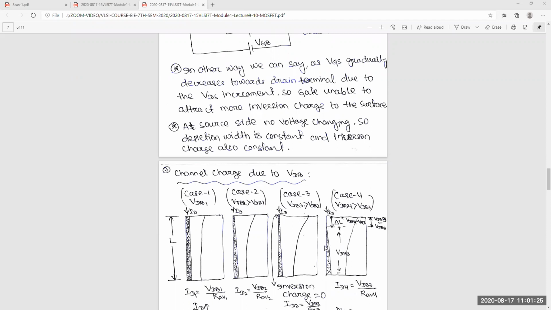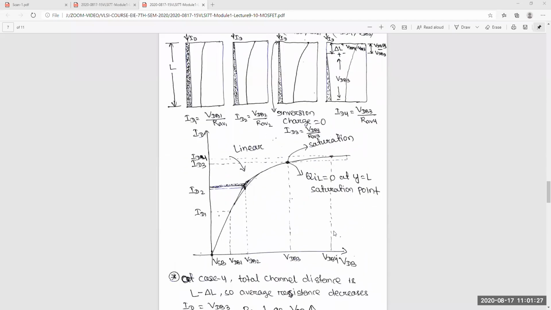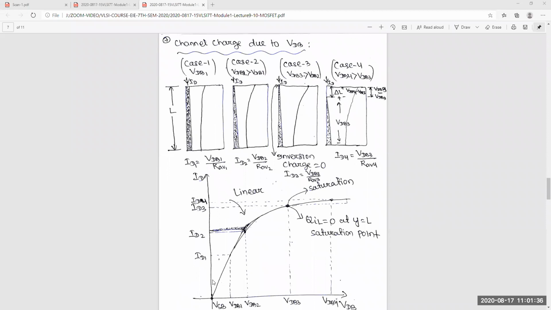Okay. So now come to that plot. In case 1, this is VDB1, this is the voltage, and due to that the current is ID1. So this is almost linear due to this resistance. Okay, up to this, this is linear.